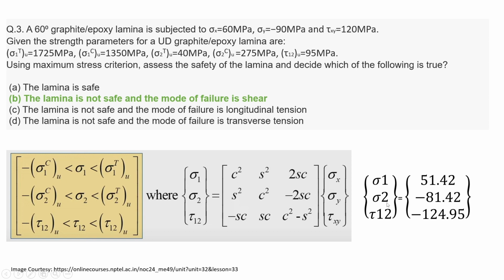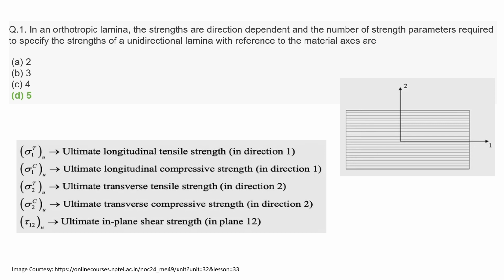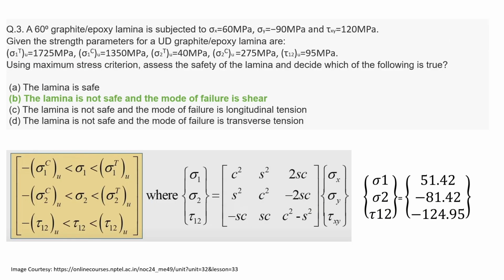The second one, sigma 2, is minus 81.42. Now this value should lie between sigma 2 tensile strength ultimate, that is 40 megapascal, and sigma 2 compressive strength ultimate, that is minus 275 megapascal.